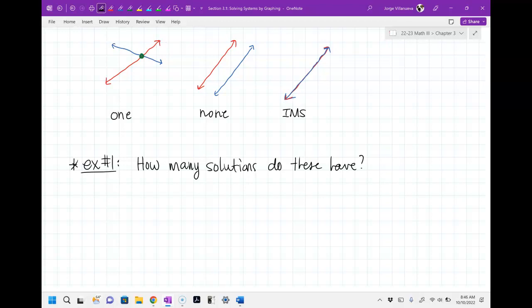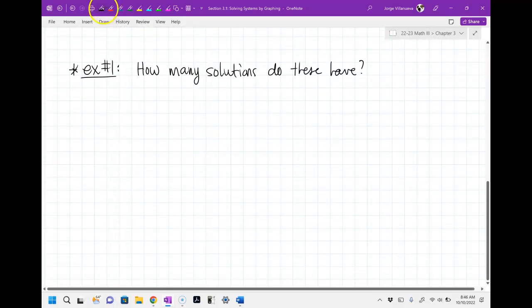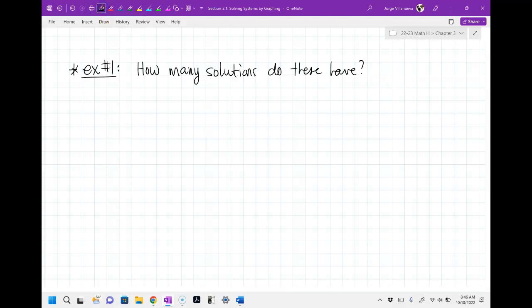So I'm just rewriting the question. How many solutions? So here's the first one. Y equals 3 over 2x minus 1, and y equals negative half x plus 3.